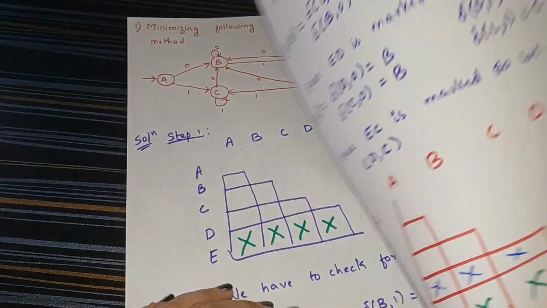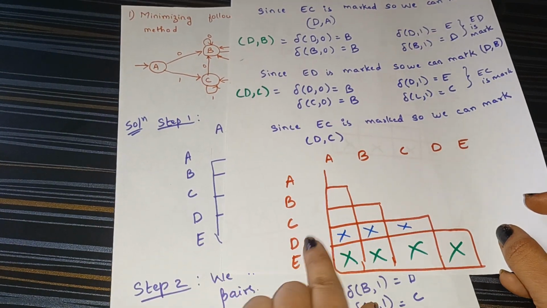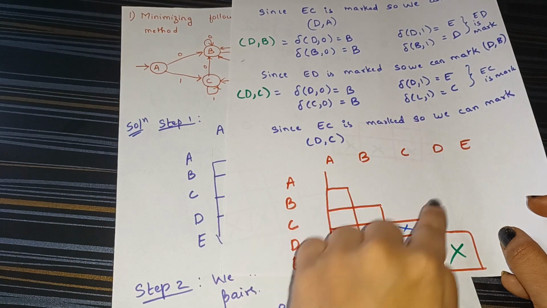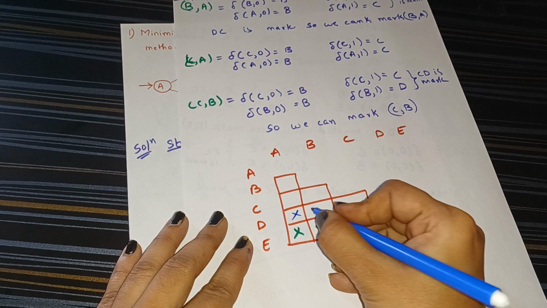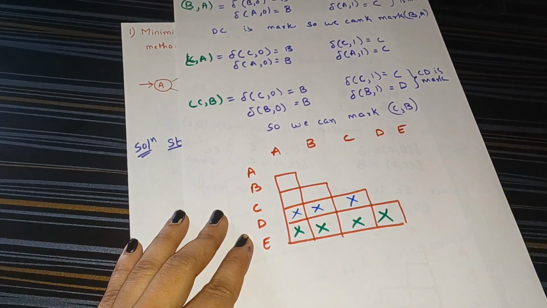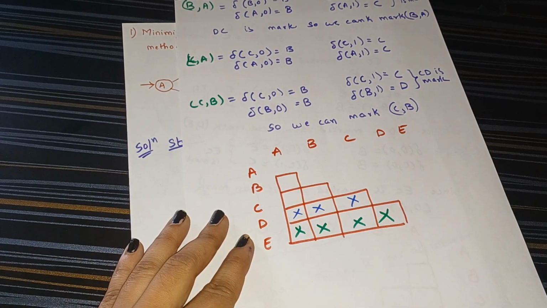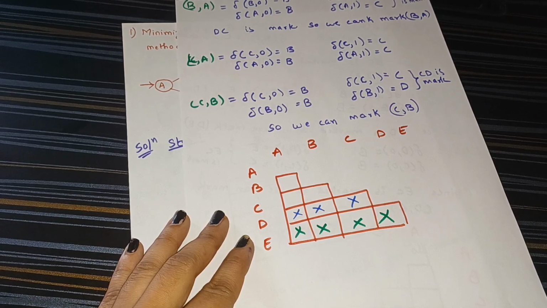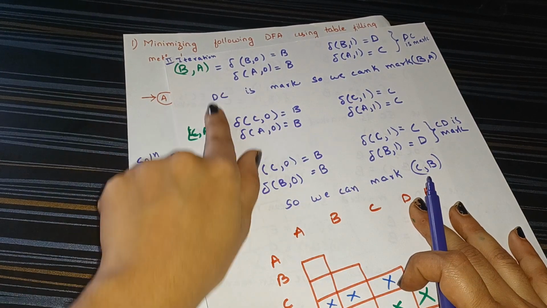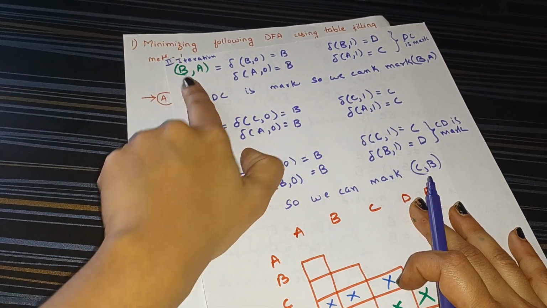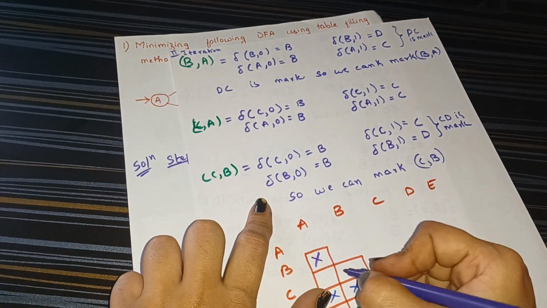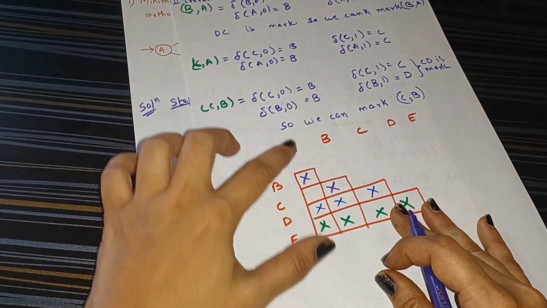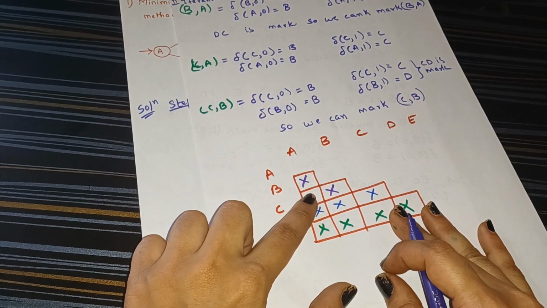Then we got DA, DB, DC, everything was marked, so we'll mark it as it is. Next, from iteration 2 we got that BA we can mark, and we can also mark CB. Now the leftover is this. Even if we check again, we won't get another iteration.